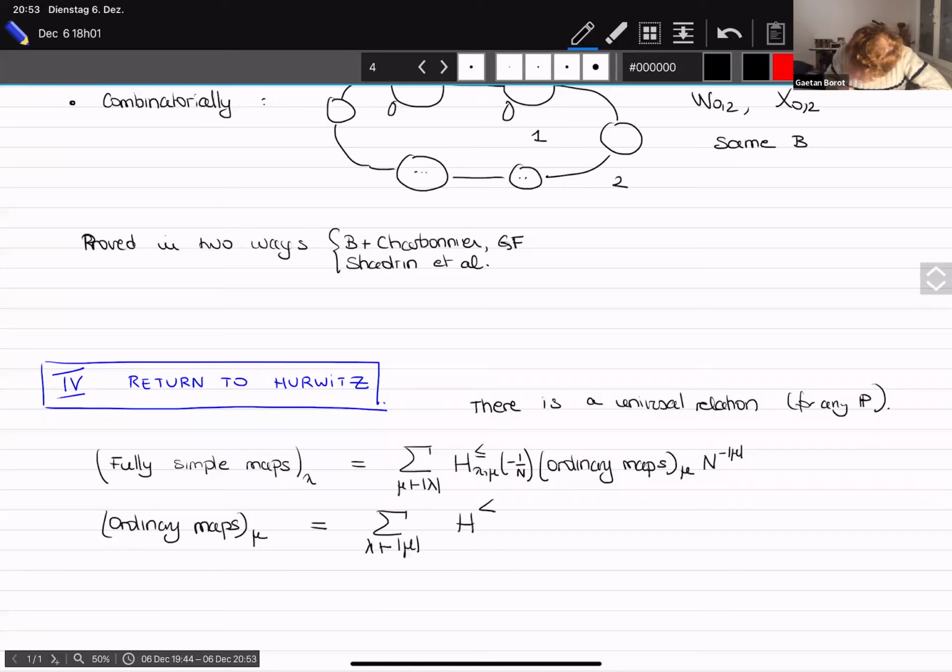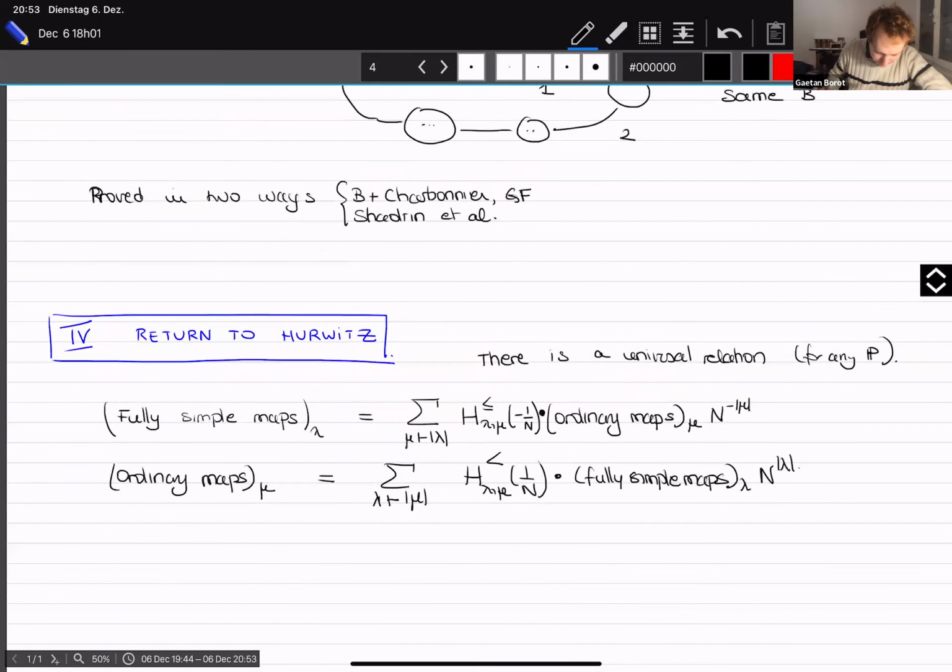And here it's in terms of the strictly monotone Hurwitz numbers. So that's multiplication. Okay. And there's at least 3 ways to see that.